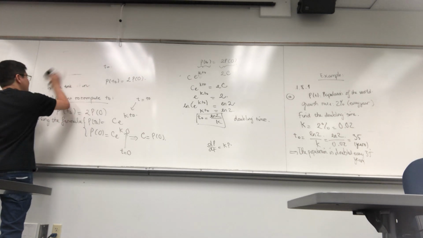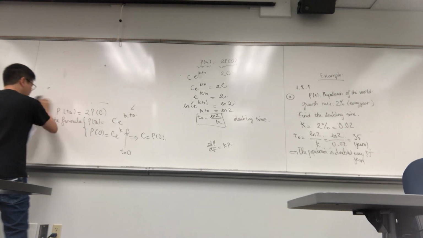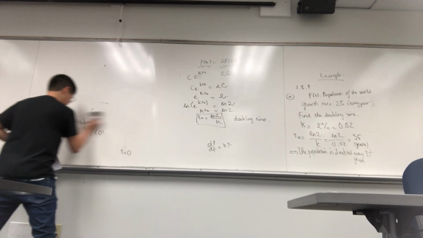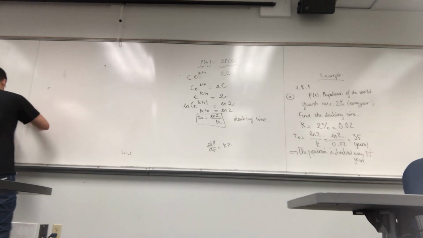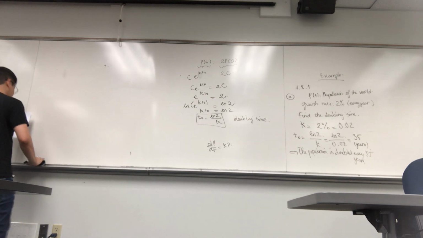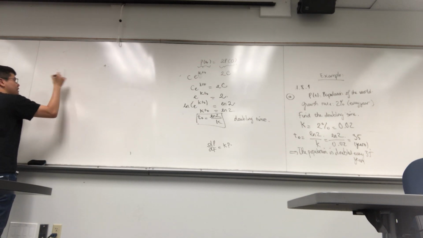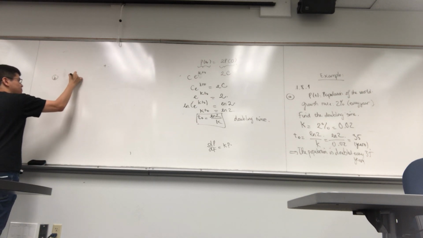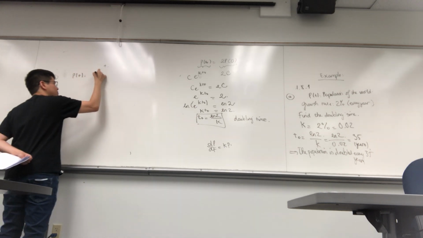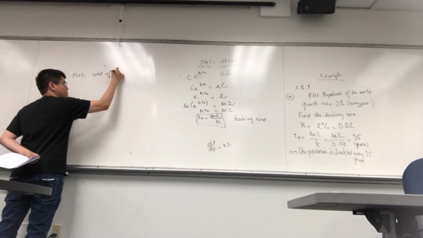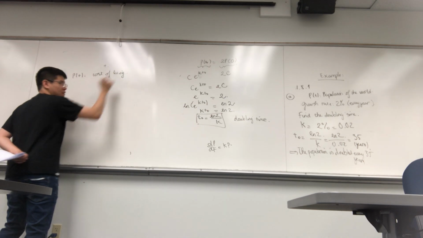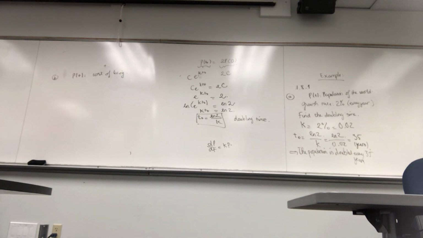Now let us try to find the cost of living time. Suppose that P(t) in this case is the cost of living. Now for the next example, we're going to consider P(t) to be the cost of living.